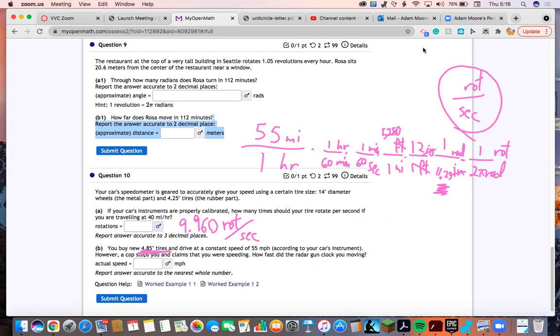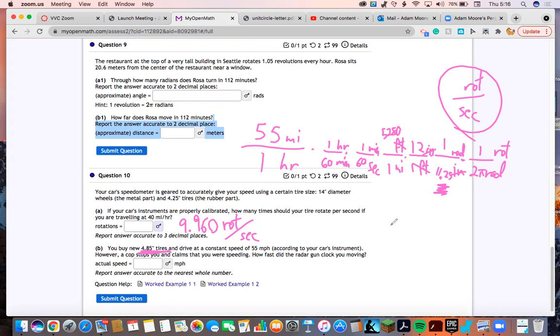It's 55 times this times that. Let me put 55 here in the calculator. Okay. That then becomes more revolutions per second because it's faster than 40 miles per hour, even according to the computer. So it makes sense.